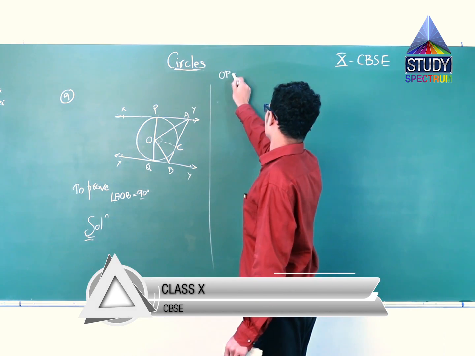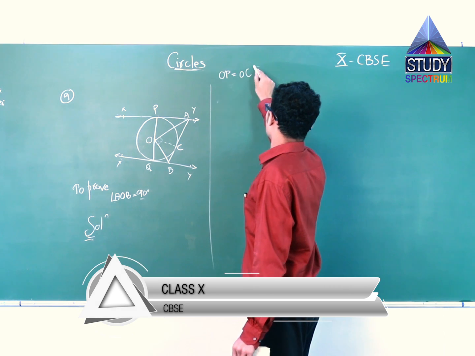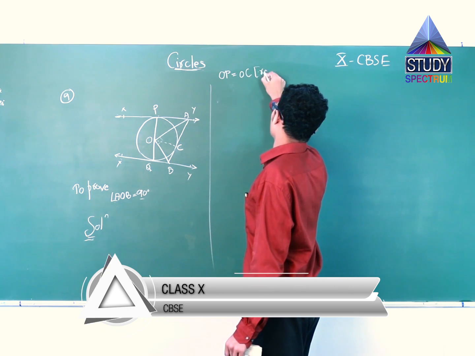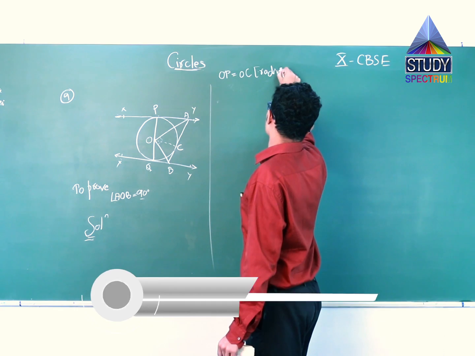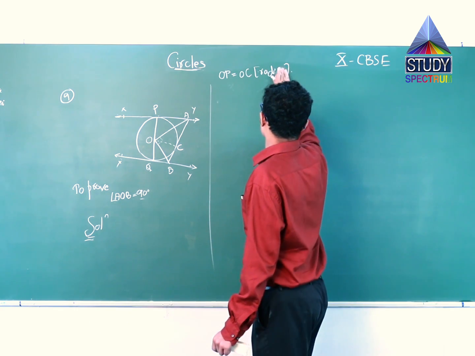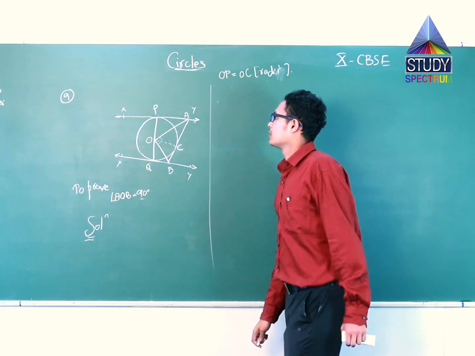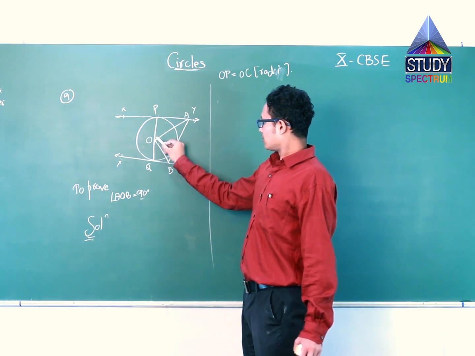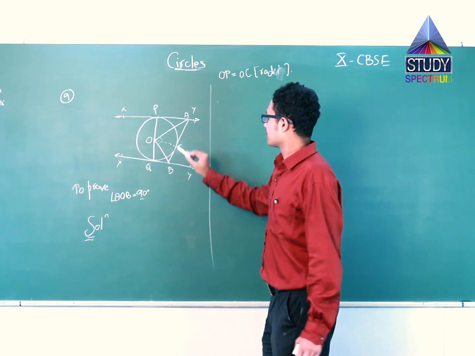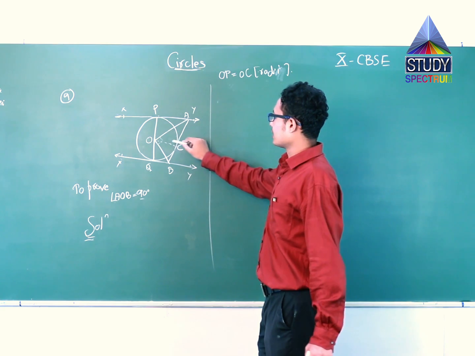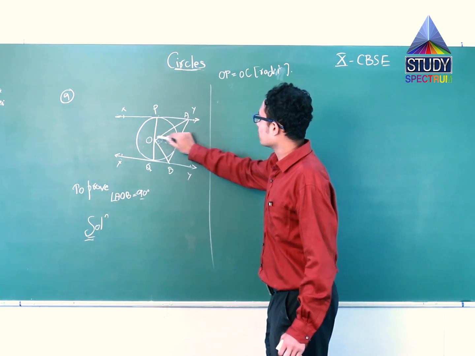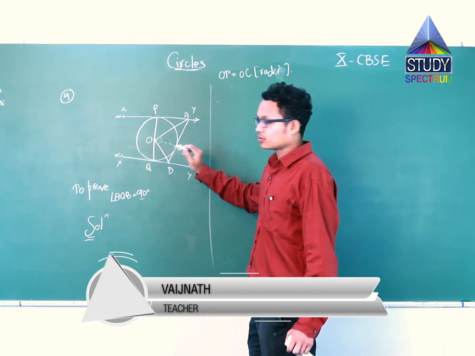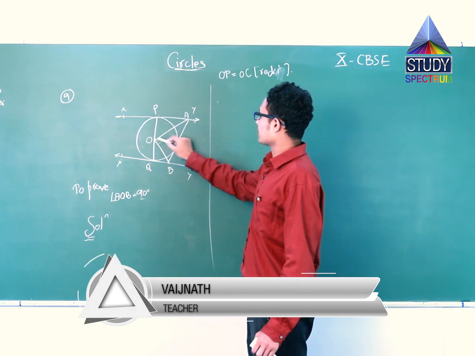OP is equal to OC. Radius, I'll write in the bracket, since they are radii. Since OA is common to both the triangles, within the quadrilateral OCAPO there are two triangles, OPA and OCA.